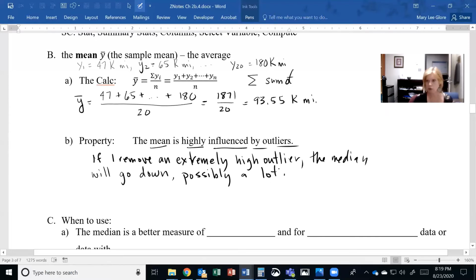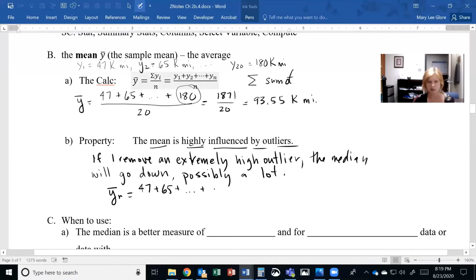Above, when we remove the biggest one, this 180,000 miles, which is a little bit bigger than the rest of them, let's call it Y bar with a little r, for removing one value. Now I add up everything except the very last one.